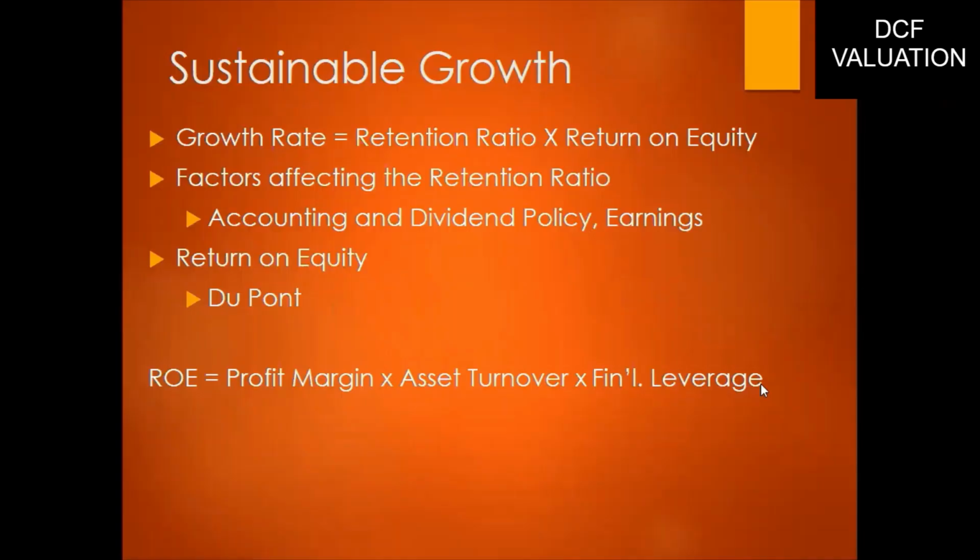We have discussed in previous sessions the different levers of performance and their analysis, or even in previous subjects, you've also discussed this. Using a three-way DuPont, for example, ROE is affected by the profit margin, asset turnover, and financial leverage. We call these three the levers of performance.